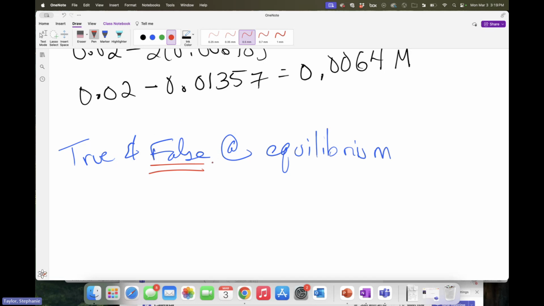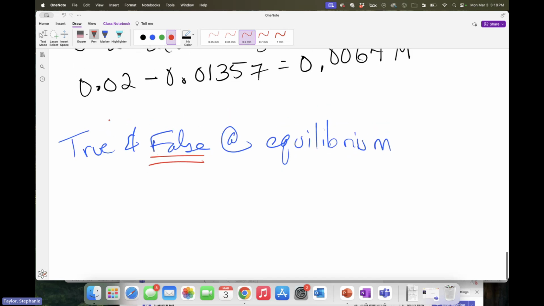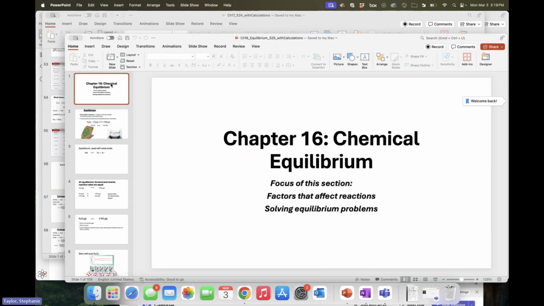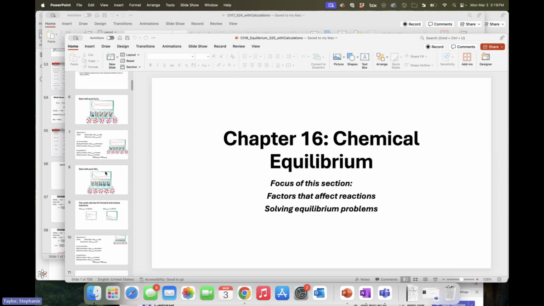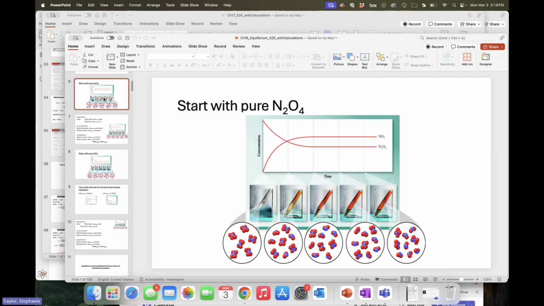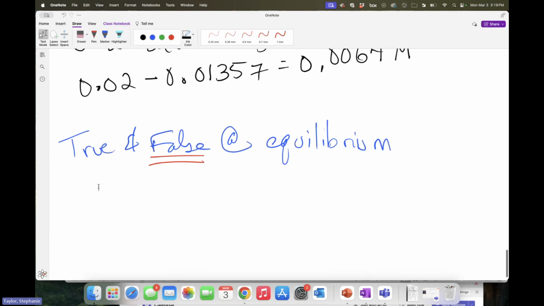So I'm probably going to miss some false statements, because there's technically an infinite number of them. I will do my best, but there is no perfect list of true and false statements about equilibrium, but there are a couple of things that often come up.